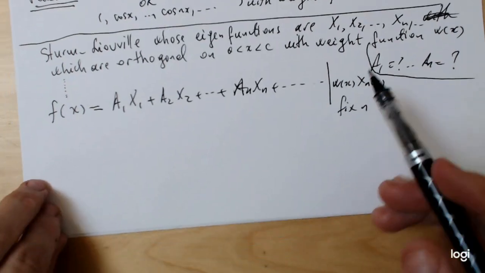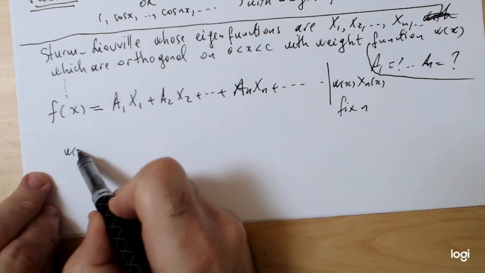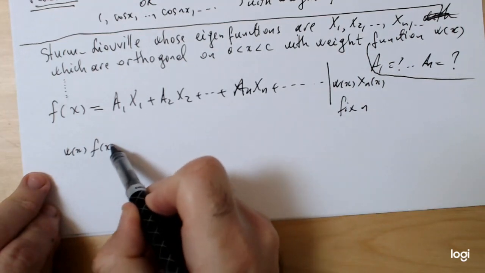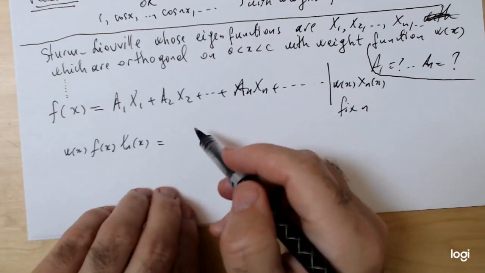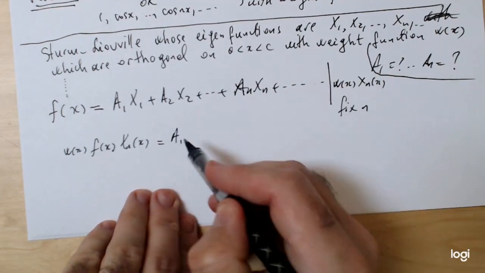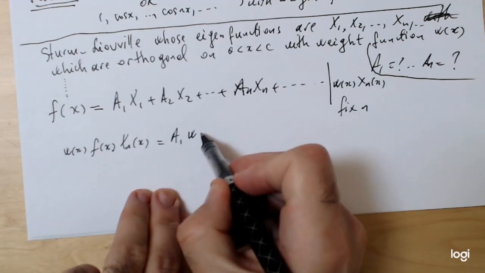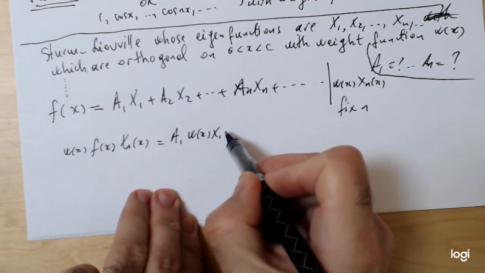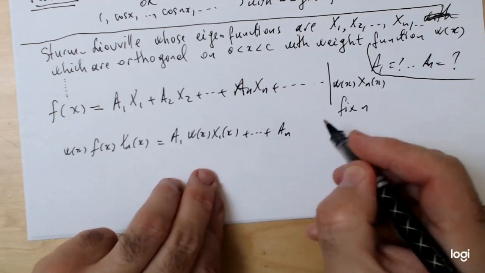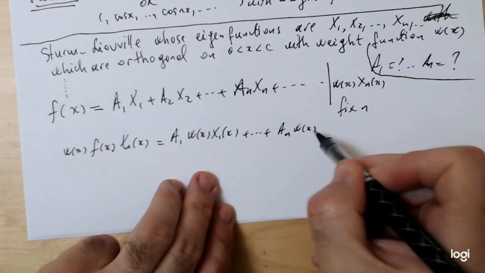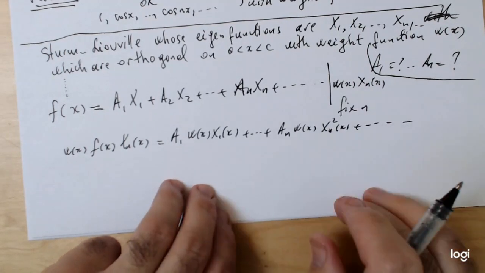And then you end up with, on the left side, w of x, f of x, xn of x. And same thing here on the right-hand side, a1, w of x, x1 of x, somewhere in the middle, an, w of x, xn squared of x, and so on.